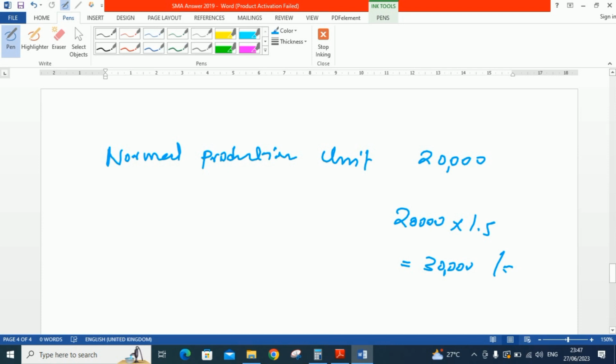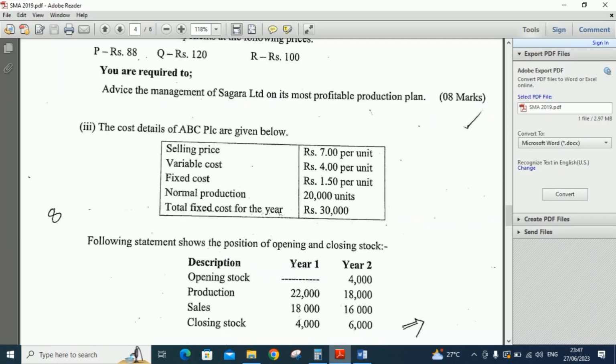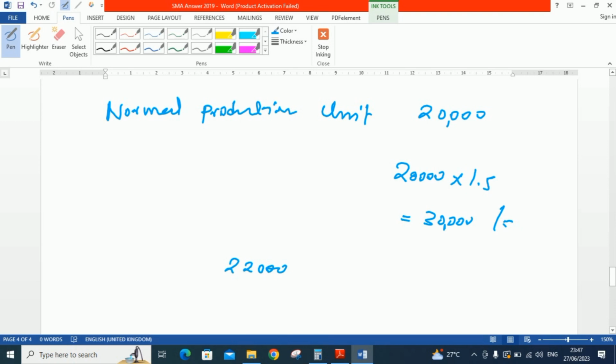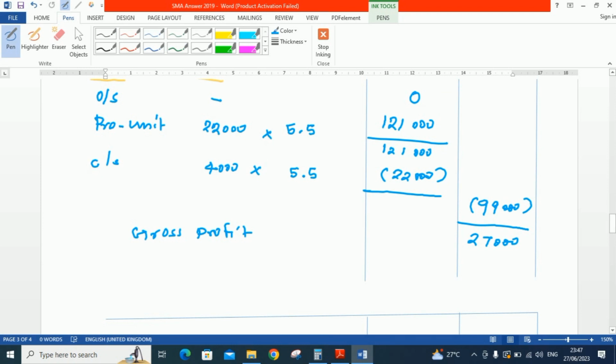But in this scenario, we produce 22,000. So we multiply in the income statement 22,000 into 5.5, including 1.5 fixed cost.